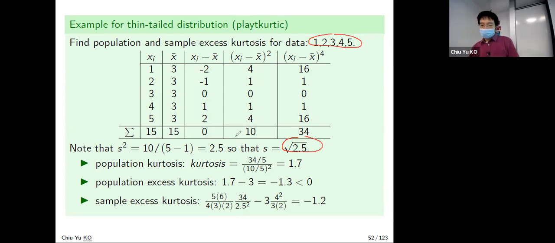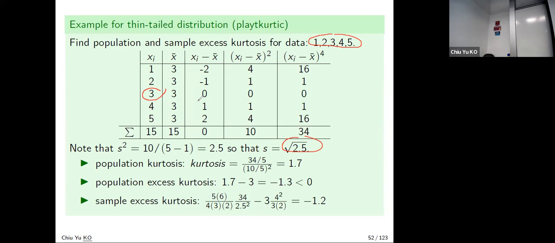And if you look at the data, the mean is about 3. If you look at the data, you see all the data is within 2 SD.